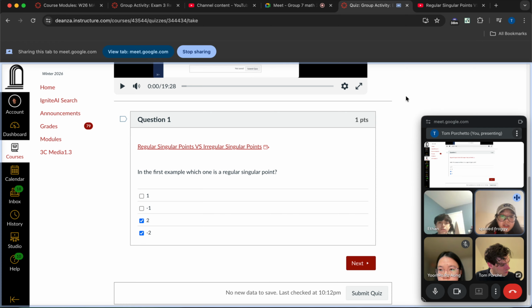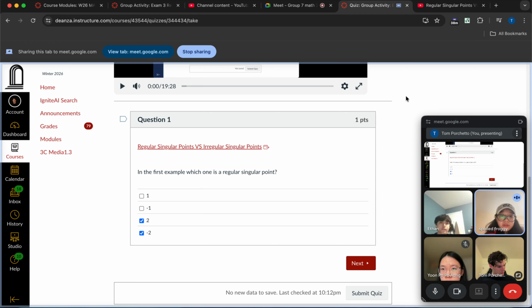The first function of x is 3 over (x minus 2) times (x plus 2) squared, and the second is just 5 over (x minus 2) squared times (x plus 2) squared.